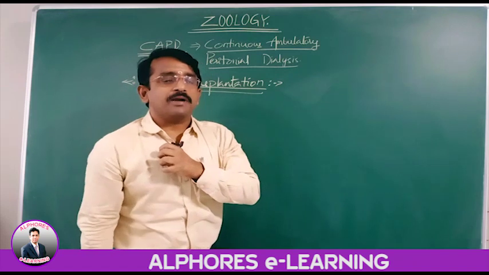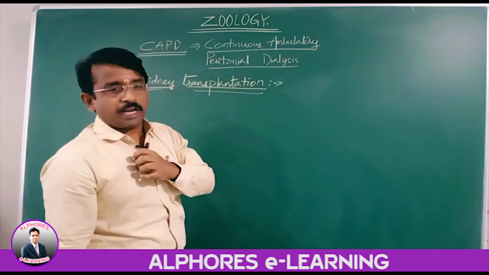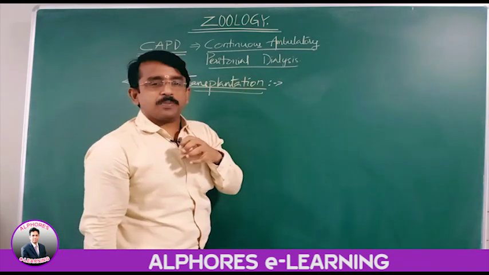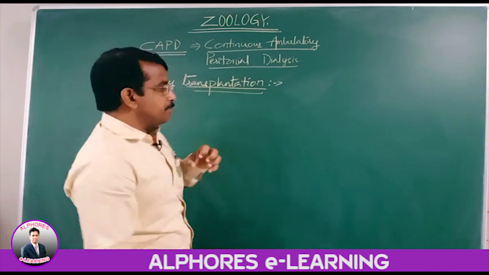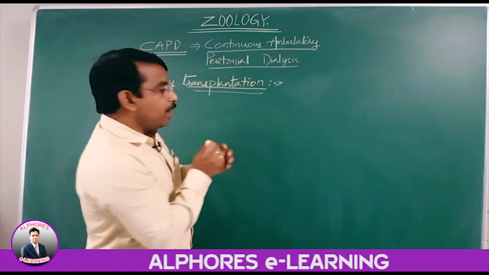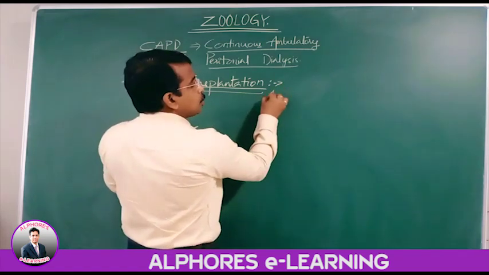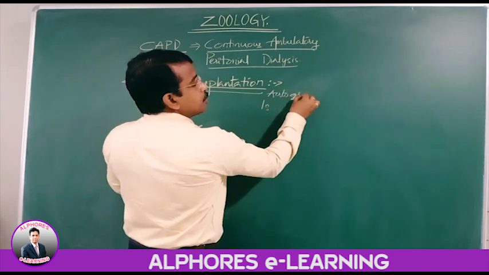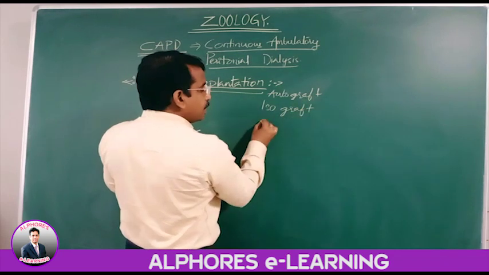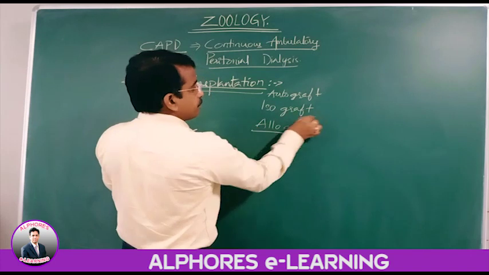Generally the transplantation is called grafting. For kidney transplantation, grafting is the term used, and the different types are autograft, isograft and allograft.